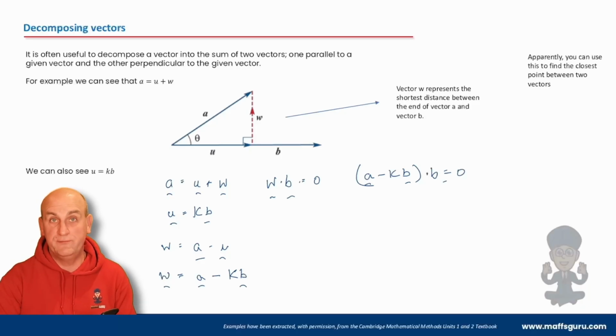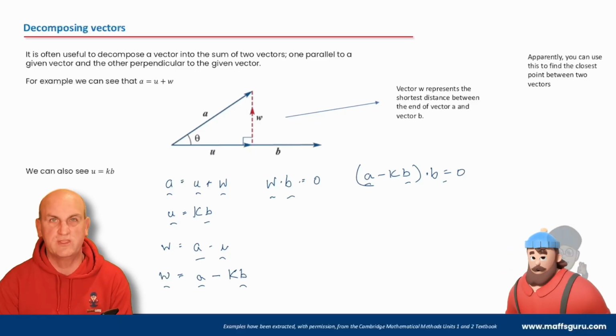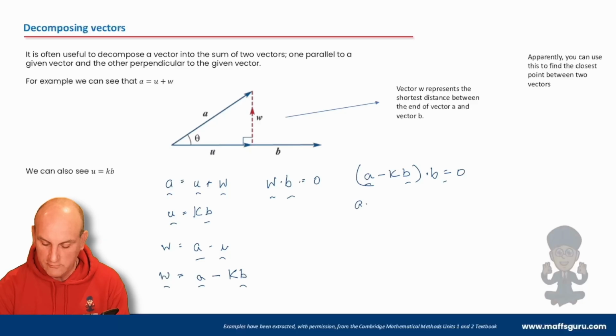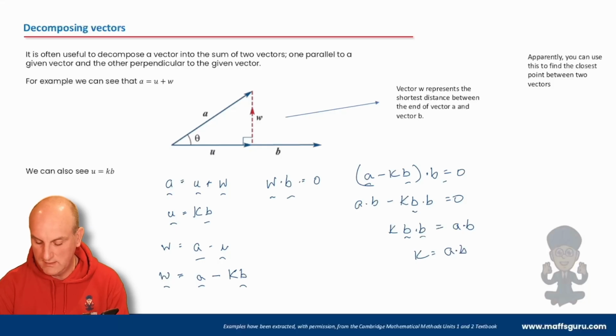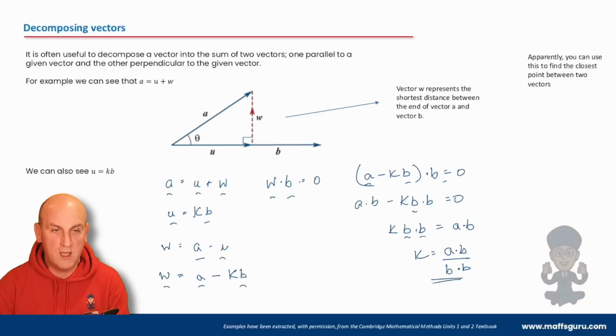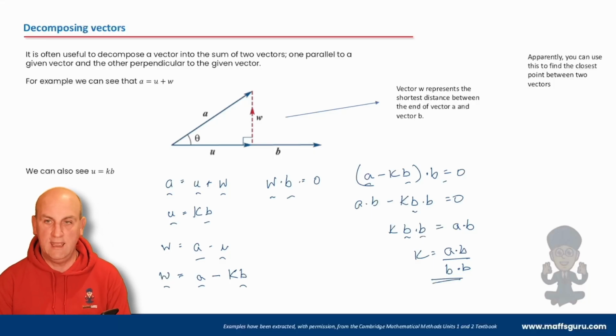Again, from the previous video, we know there are certain relationships we can use to multiply this out. That becomes A dotted with B minus K B dotted with B, equal to 0. Rearranging gives K B dotted with B is equal to A dotted with B, or K is equal to A dotted with B divided by B dotted with B. Aha! How is that going to help me?